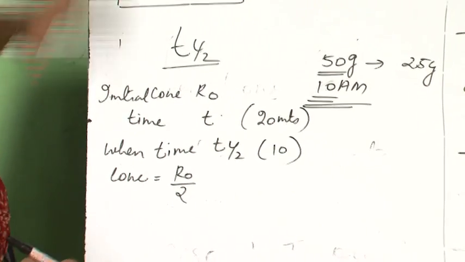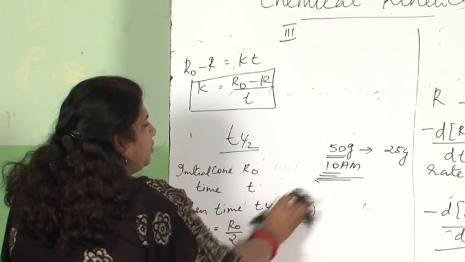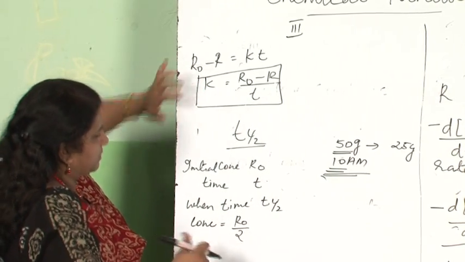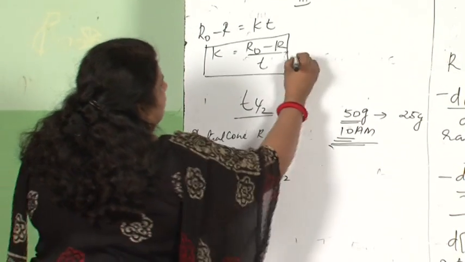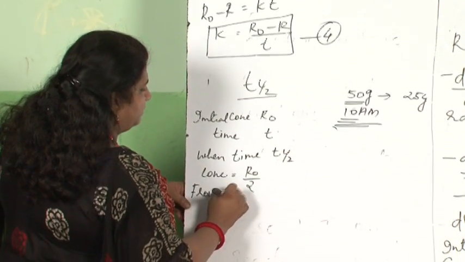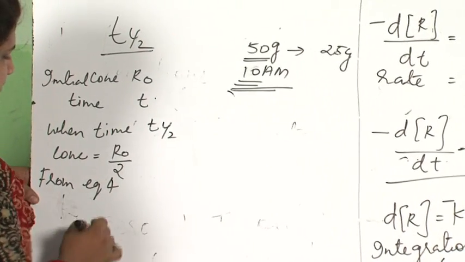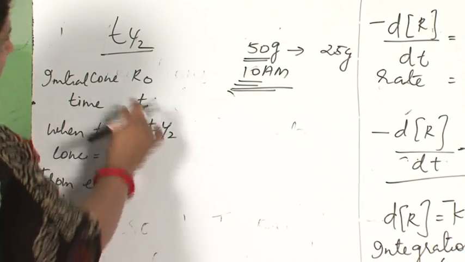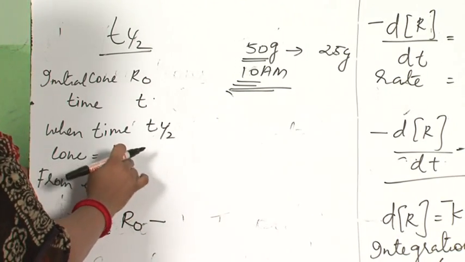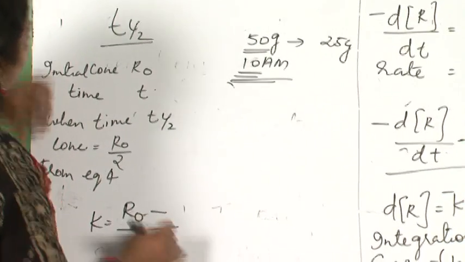Substituting this in this equation, this is for your convenience, I have told like this. Substitute this value in this equation, this I am numbering it as 4. From equation 4, K is equal to R0 minus, when time is T half, what is R?